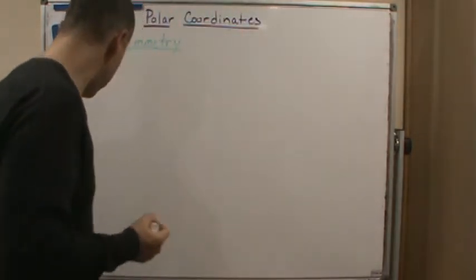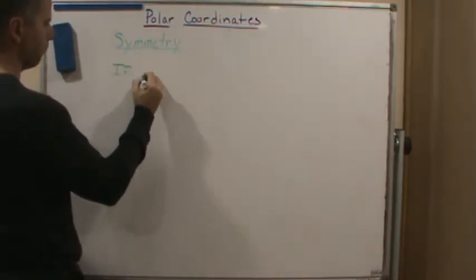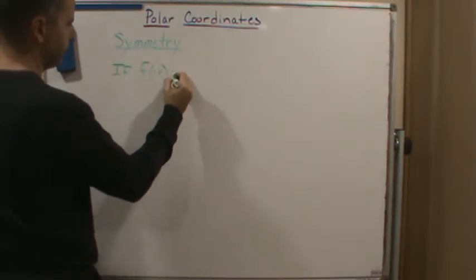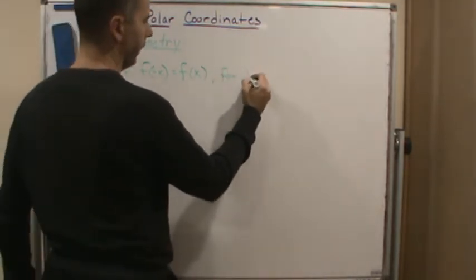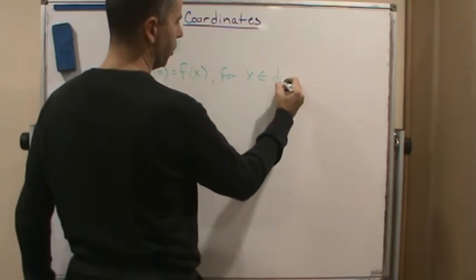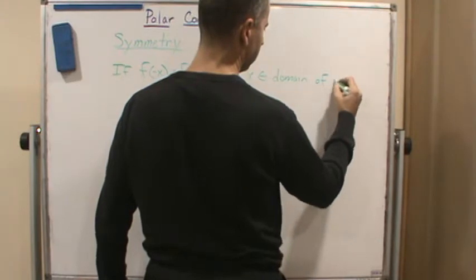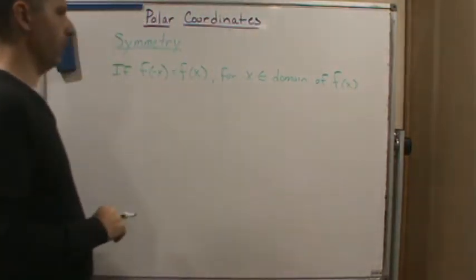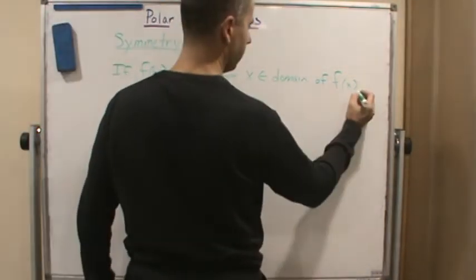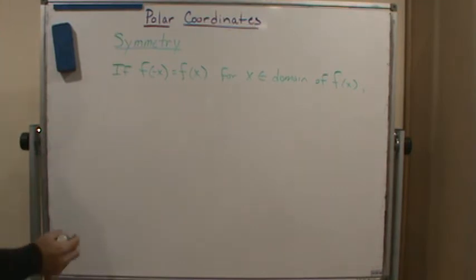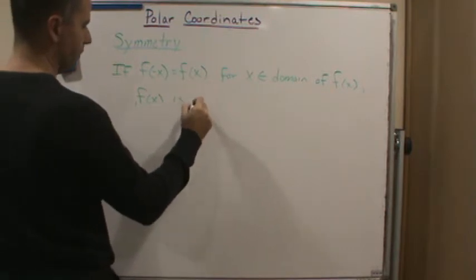So as a little bit of review, we know that if f of negative x is equal to f of x for all x in the domain of the function, right? Then f of x is what?